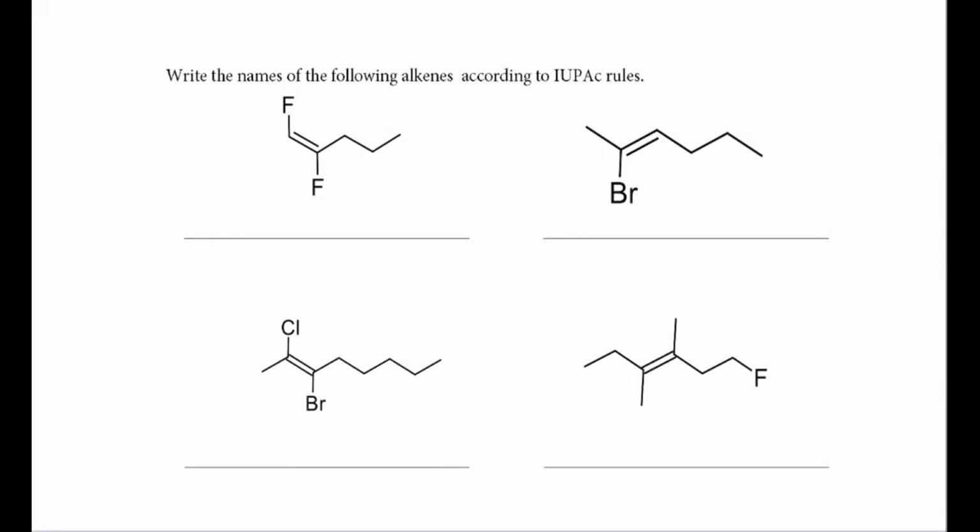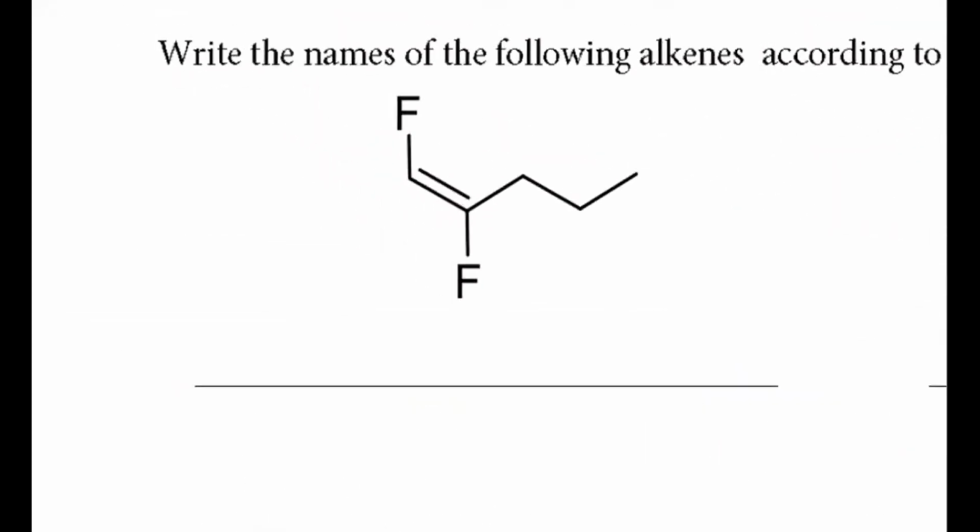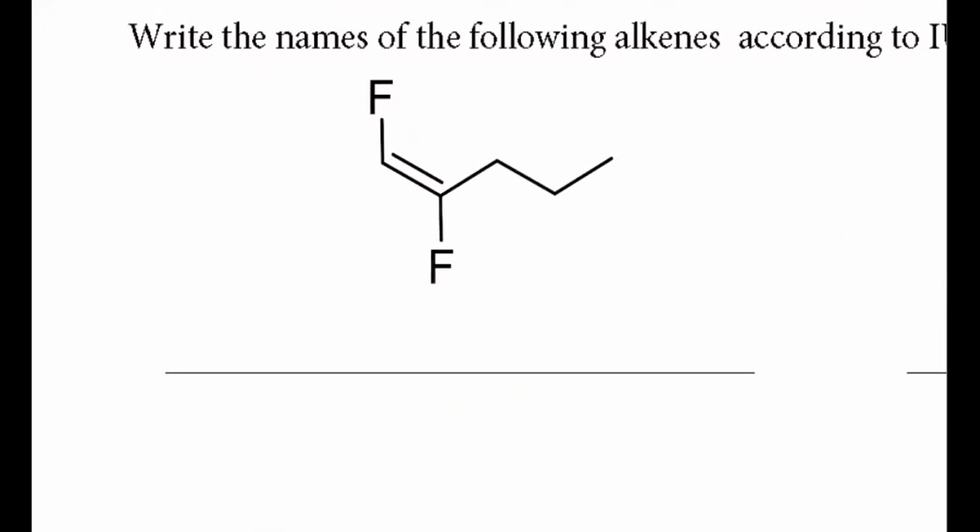Now, by now, we have practiced how to name alkenes, okay? And this is just a review of what we did earlier today. So if we look at this molecule, what is the name of the parent chain? Remember, this is the longest carbon chain that contains a carbon-carbon double bond.